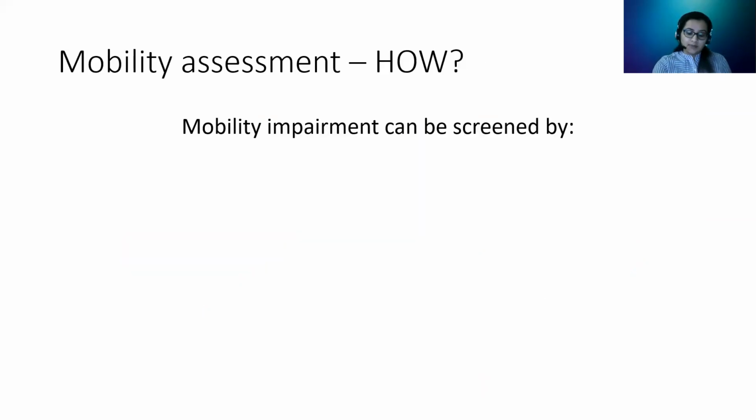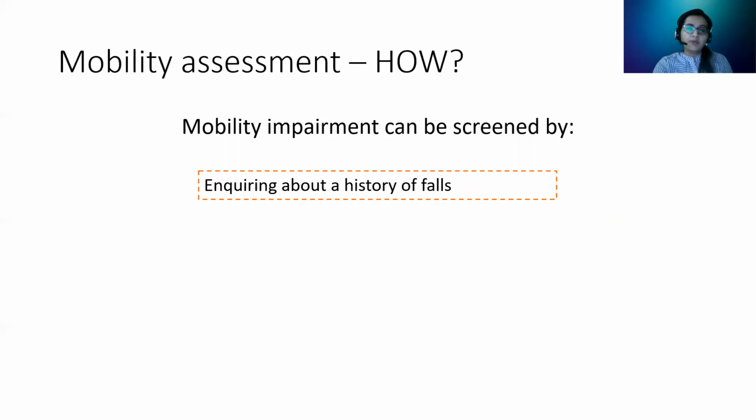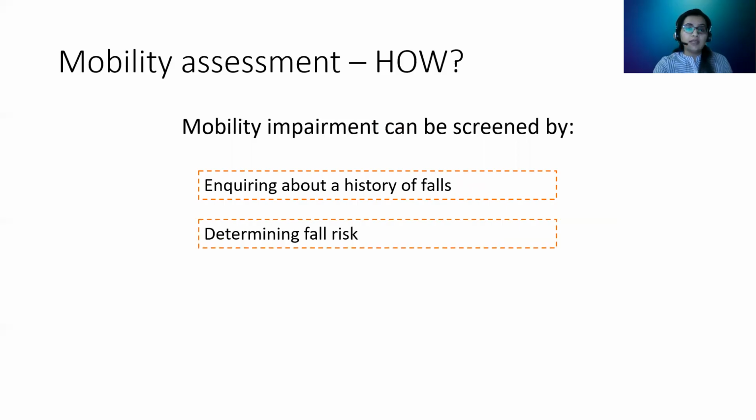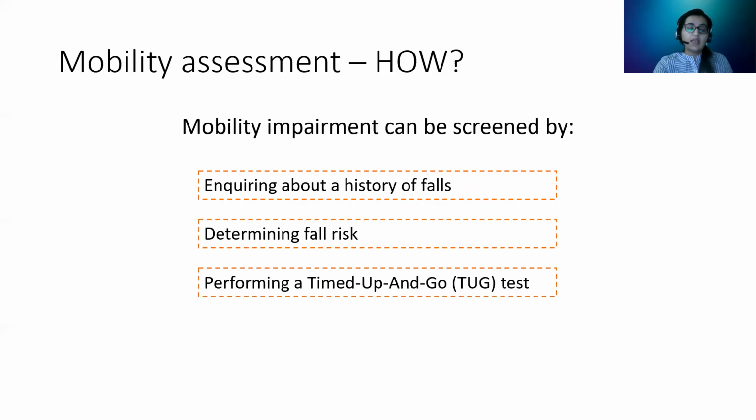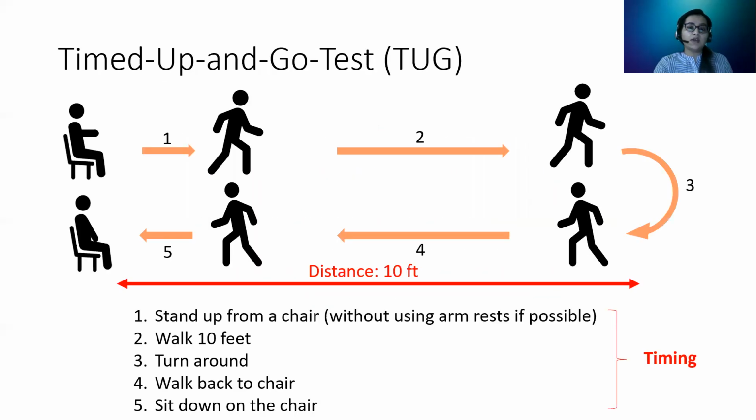After functional assessment, how can we screen mobility impairment? It can be assessed by inquiring about a history of falls, determining fall risk, and performing a TUG test. That is the timed up and go test. It is a very simple test. It involves timing patients while they perform the following tasks in sequence.